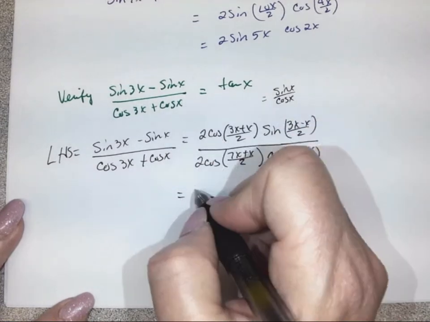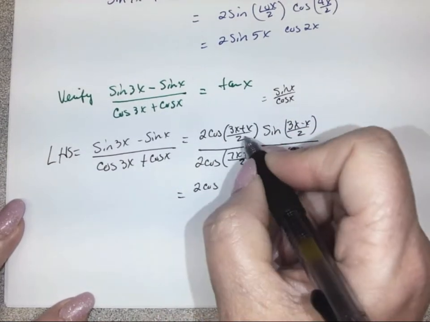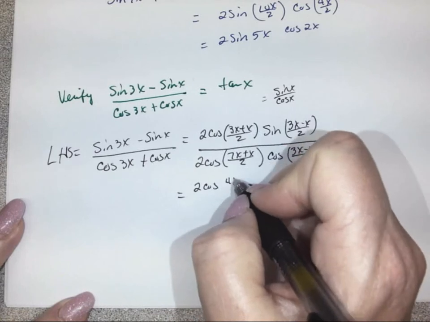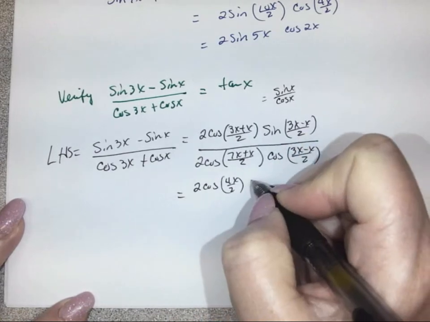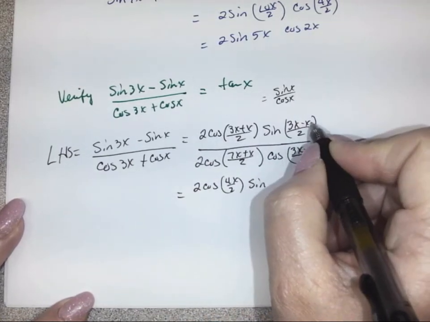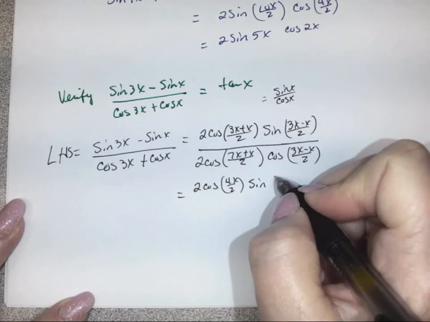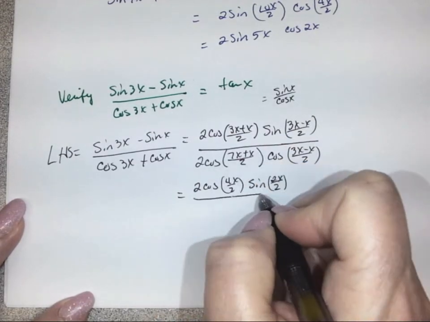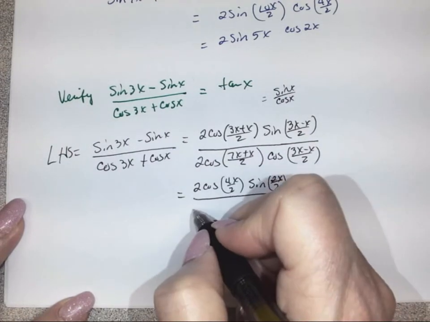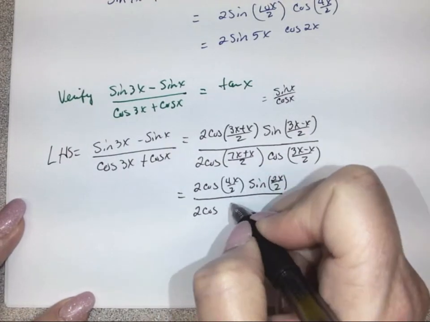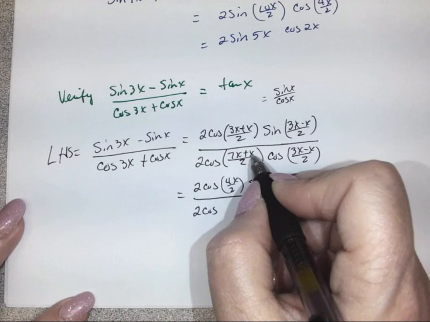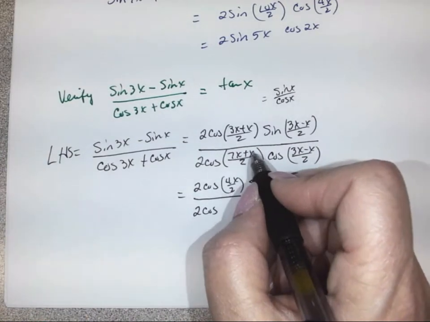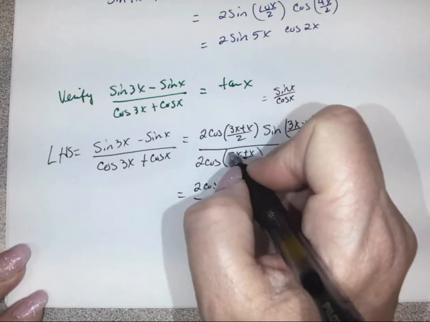All right, so this will get us 2 times the cosine. 3x plus x will get us 4x over 2 times the sine of 3x minus x will get us 2x over 2, all over 2 times the cosine. Sorry, that's not a 7, that should be a 3.